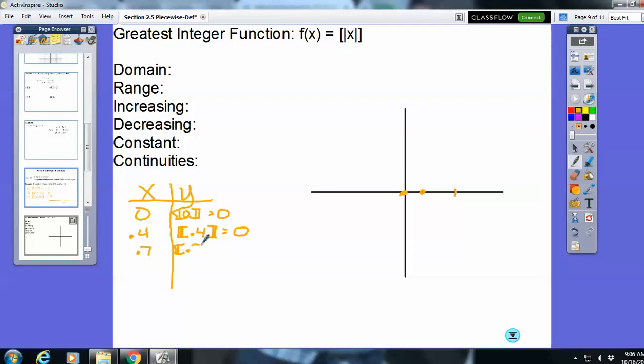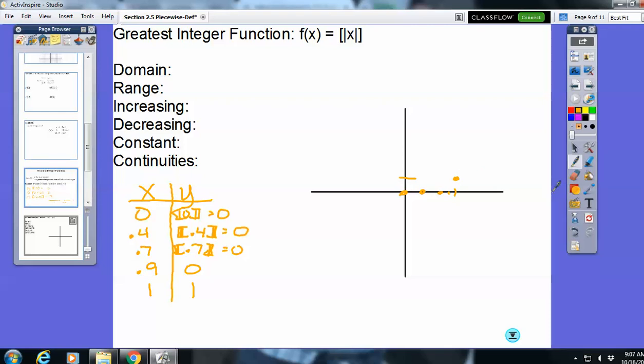Greatest integer of 0.7? Still 0. What if you put in 0.9? What's the greatest integer of 0.9? Still 0. Why? You can't get anything bigger than what you put in. What if I put in 1? That gives you out 1.